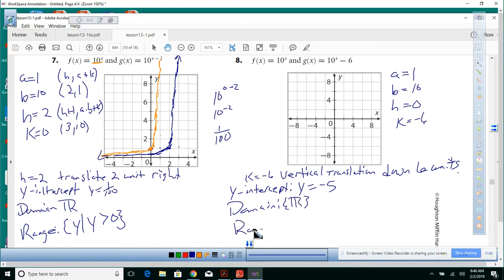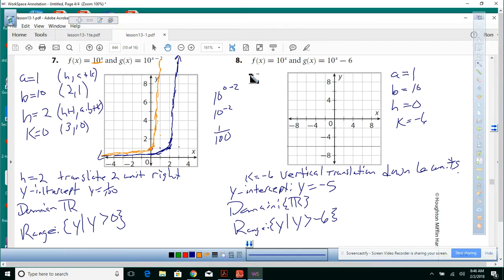And the range is y such that y is greater than, since a is positive, and k is negative 6. Okay, so our horizontal asymptote is here at negative 6.